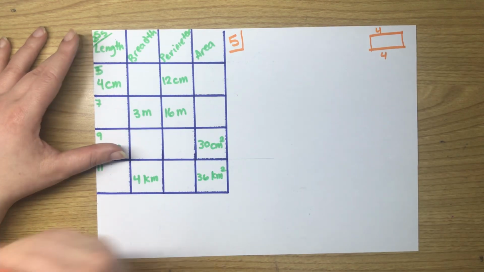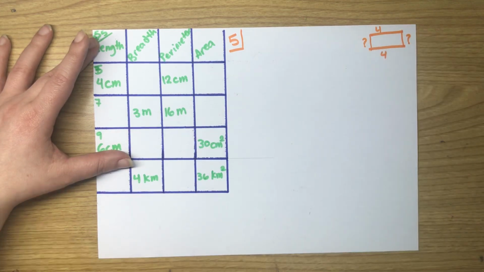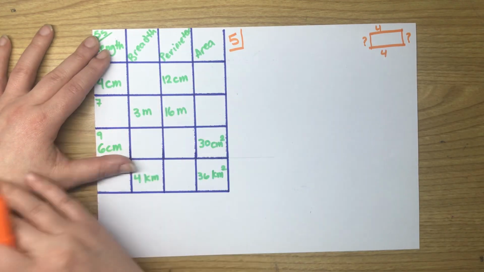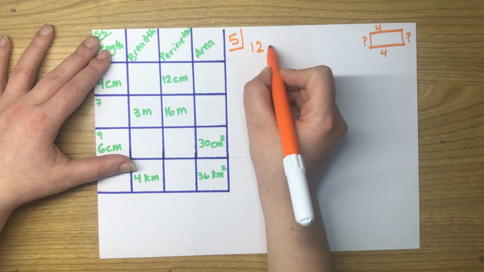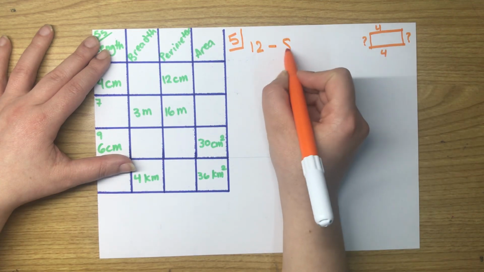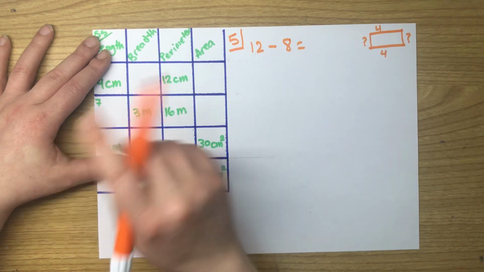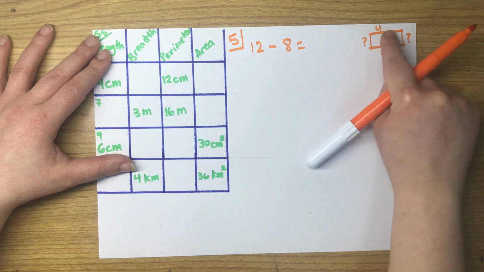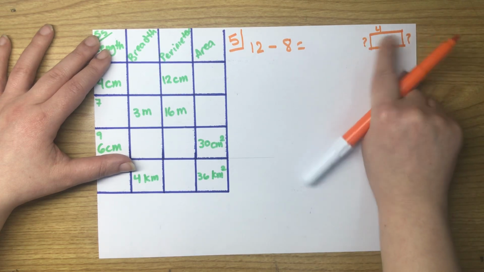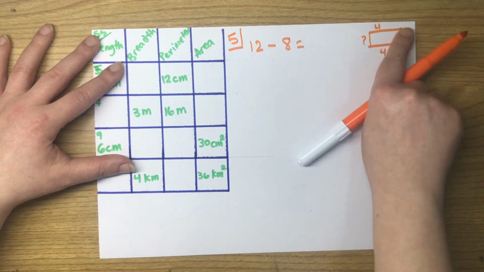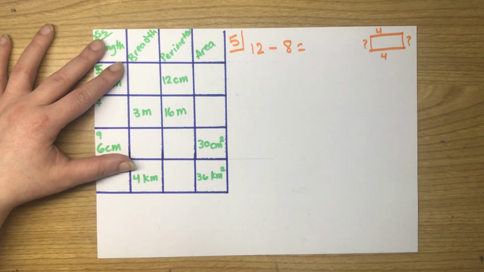So how much is the breadth? It is missing. So using the perimeter, we can say 12 take away 8. Why 8? Because we have 2 lengths and we are calculating the perimeter, right? The perimeter is these 2 lengths and these 2 widths added together, to find the whole perimeter.